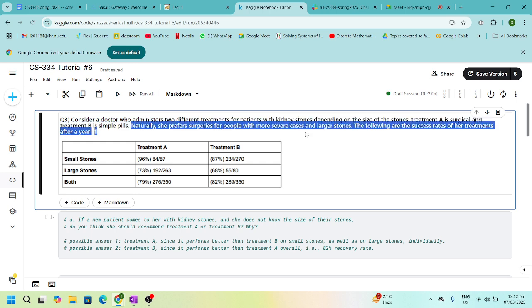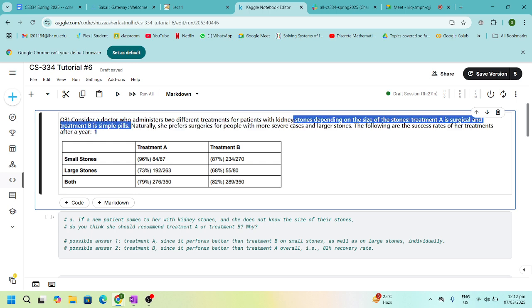I'm going to come back to this particular line. So the doctor administers the treatment depending on the size of the stones. It means the doctor is naturally preferring treatment B for smaller stones because treatment B is simple pills and prefers treatment A for larger stones.